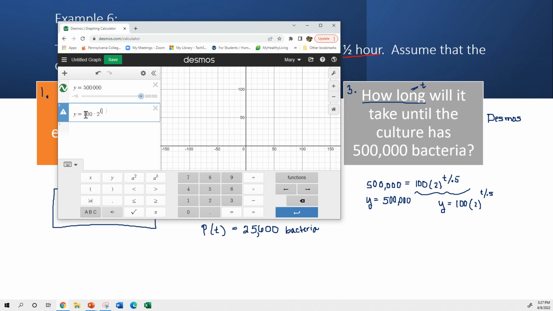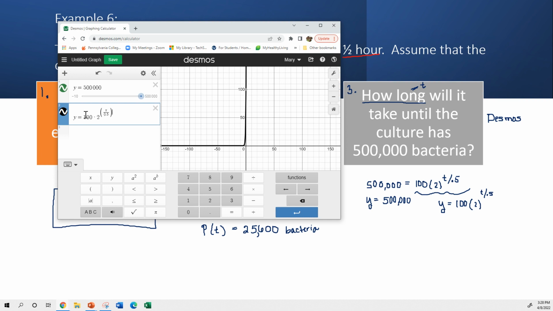And so we have here x, because decimals prefers x, divided by 0.5. I'm arrowing over and ending my parenthesis.